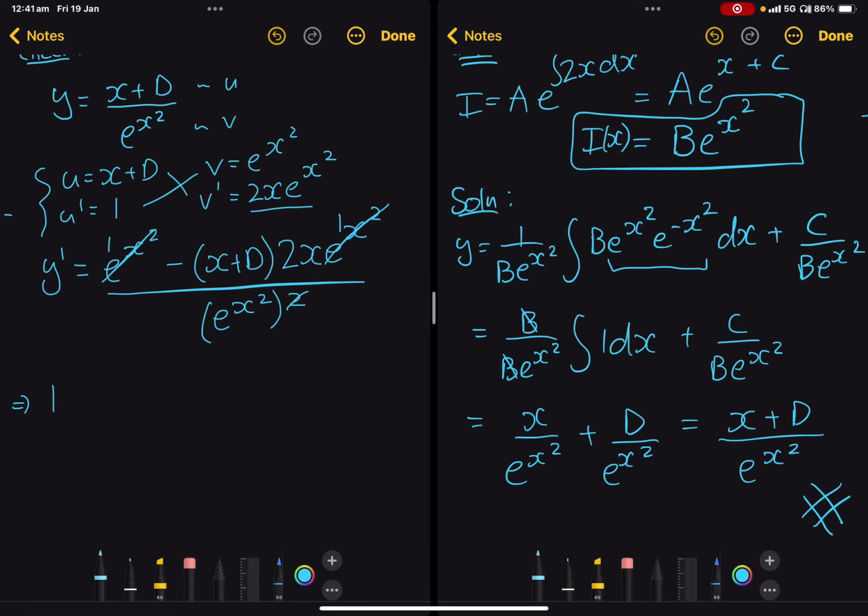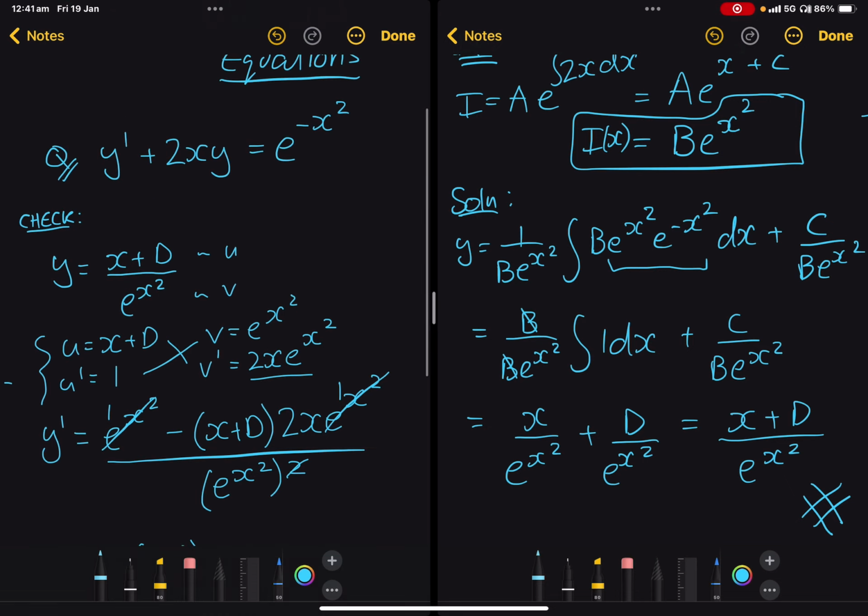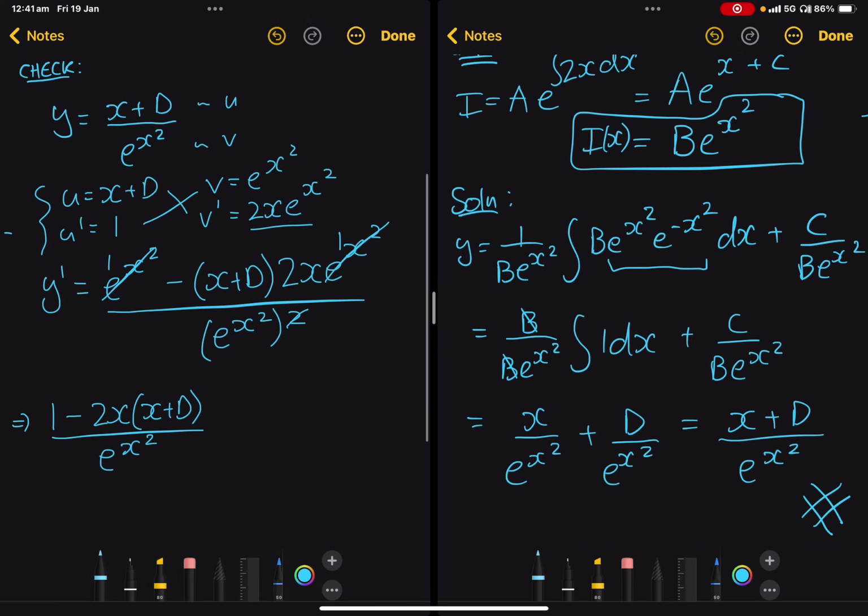So we're left with 1 minus 2x times x plus d over e to the x squared. So this is our y prime term, plus 2 times x times y. So plus 2 times x, and y we just found was x plus d over e to the x squared.